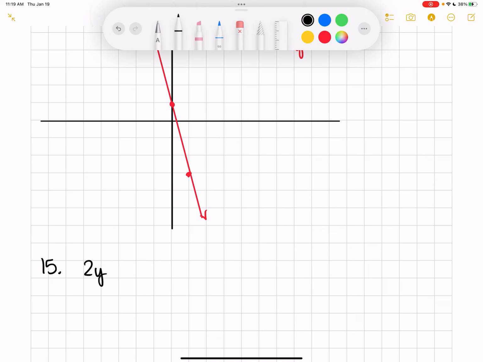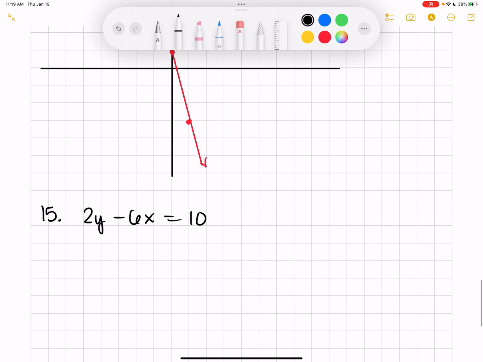So 2y minus 6x is equal to 10. So what do I need to do to get y by itself? Add 6x. Yep, add 6x. So 2y is equal to 6x plus 10.